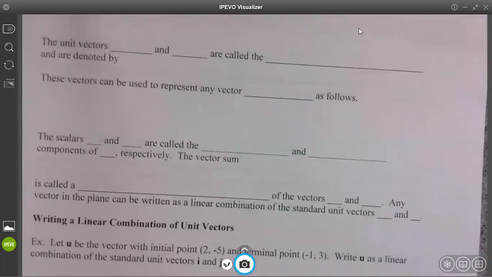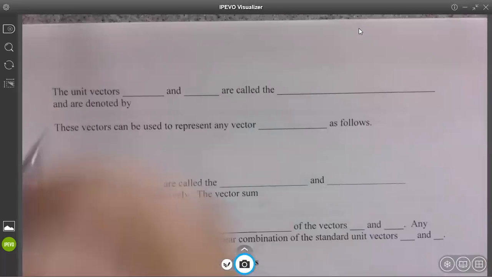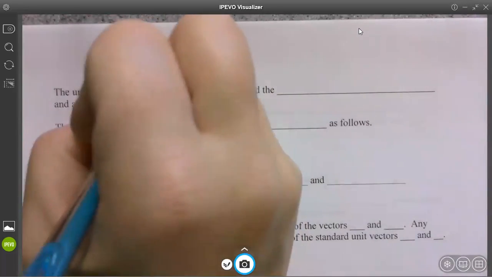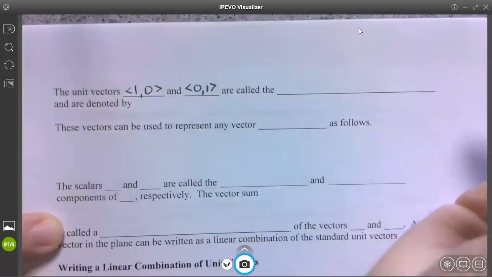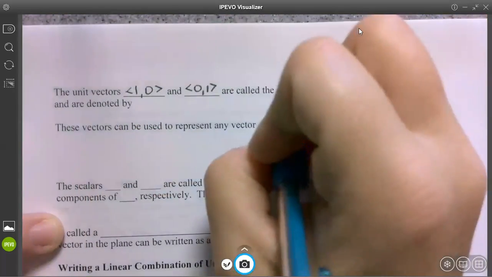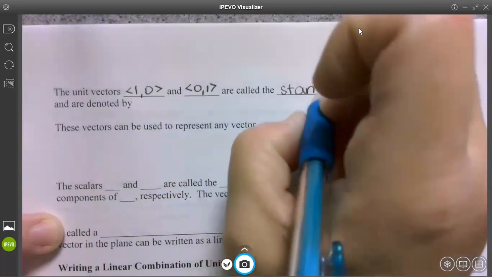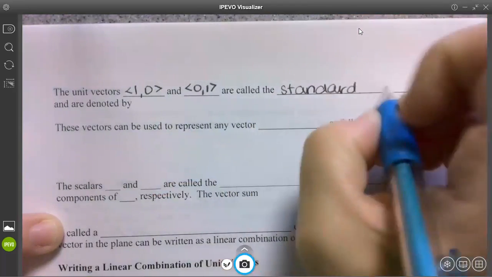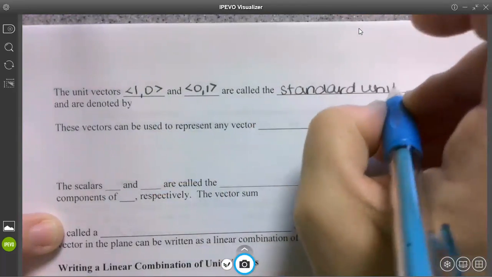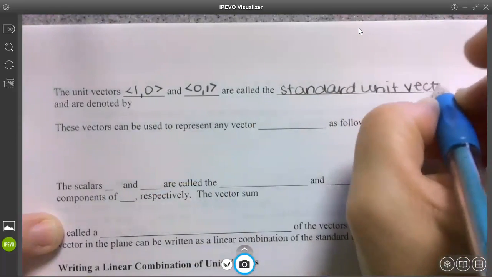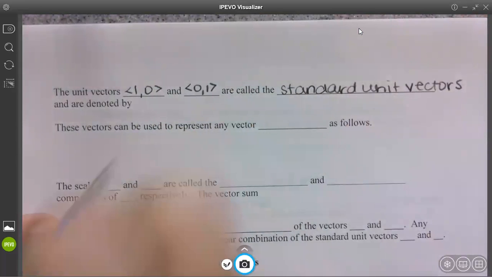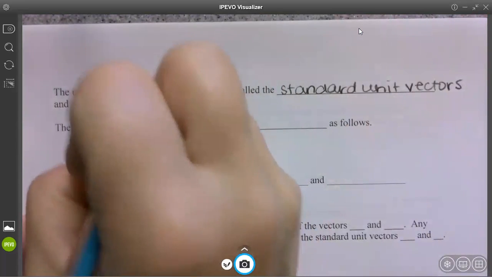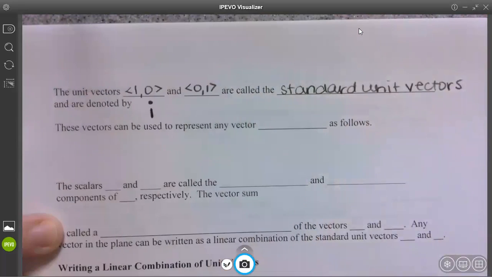The unit vectors <1, 0> and <0, 1> are called the standard unit vectors, and are denoted by a regular font.